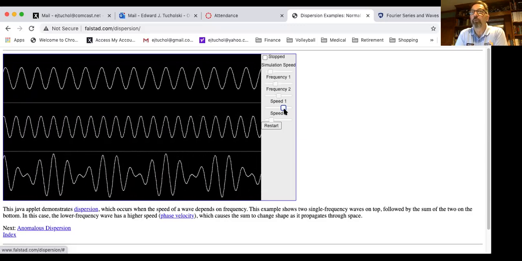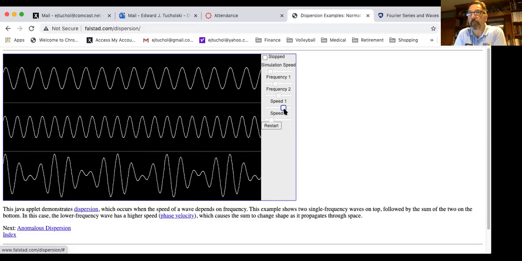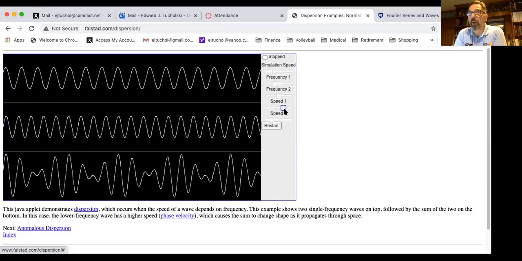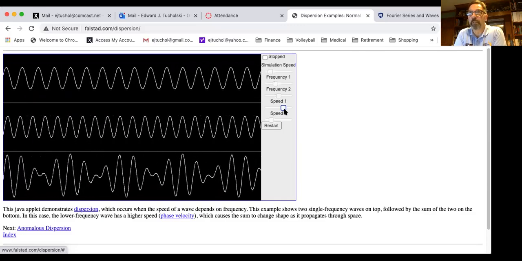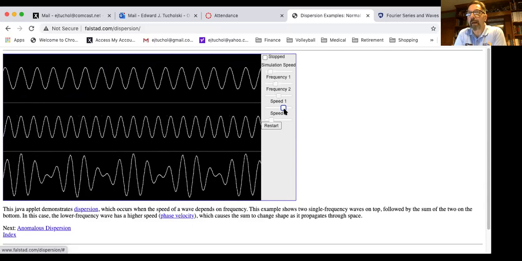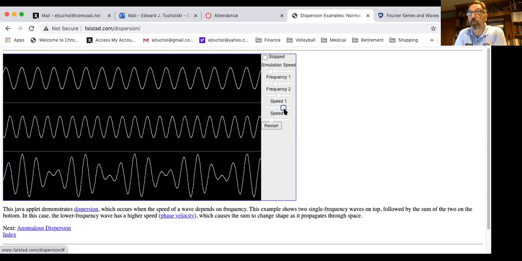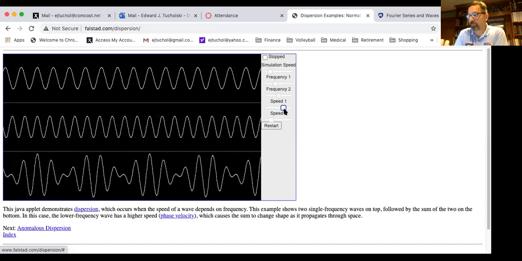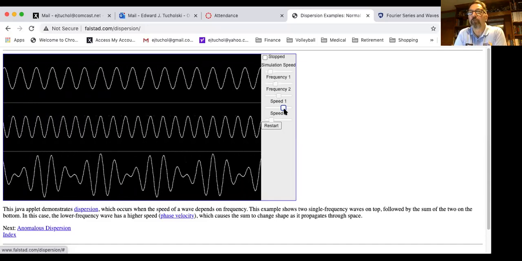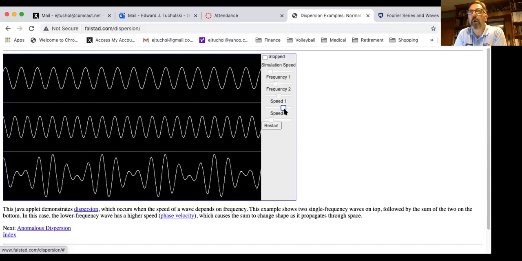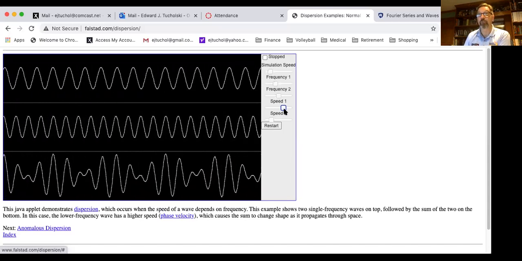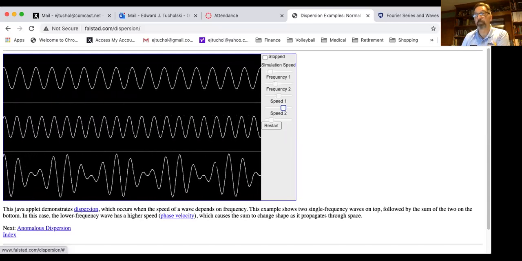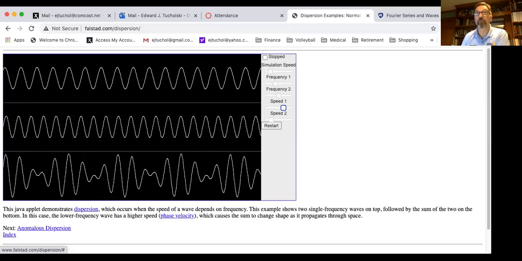As we model things, according to de Broglie, electrons, protons, you, me, BBs, bullets, as waves, which part of the wave? If this packet here represents a particle, how fast is it going? Is it moving at the packet speed, or is it moving at the speed of the carrier, which we call the phase speed?